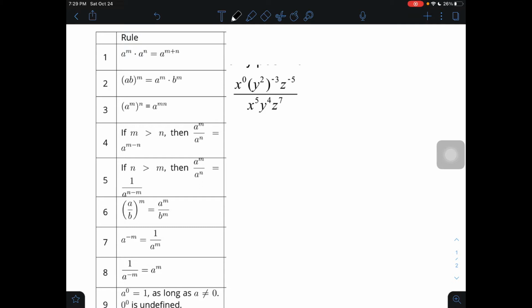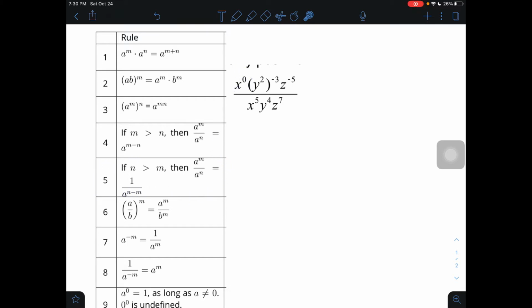If we look at our exponent rules right over here, we can see that this would best represent this scenario. n is the exponent in our denominator and m is the exponent in our numerator. If n is greater than m, meaning the exponent in our denominator is greater than the exponent in our numerator, we would be applying this rule.